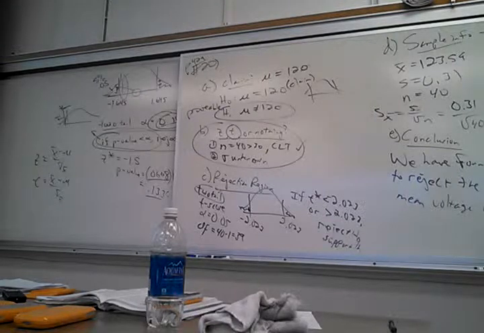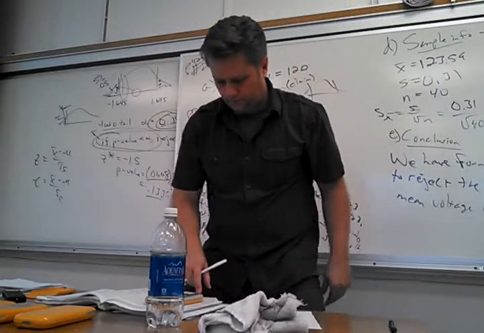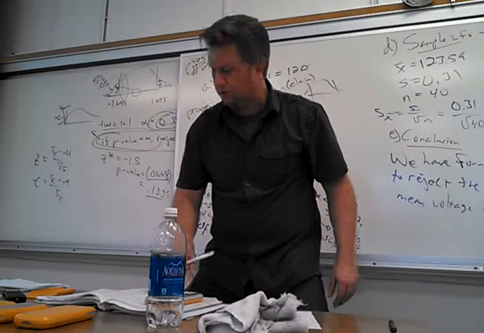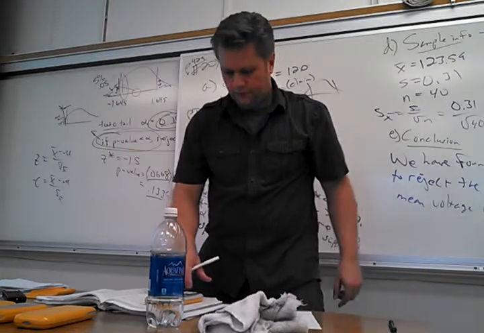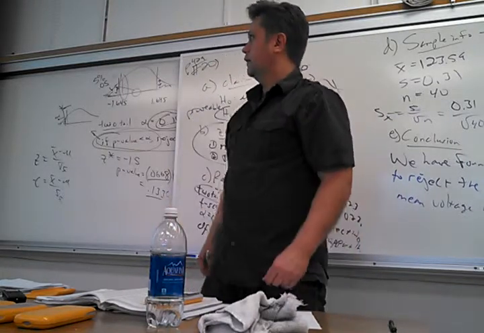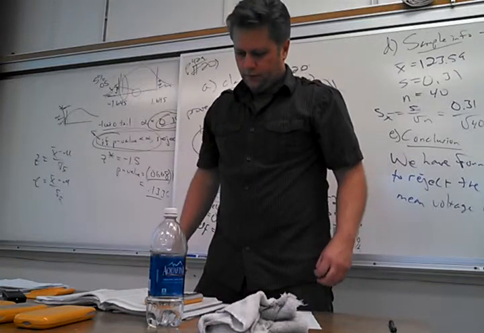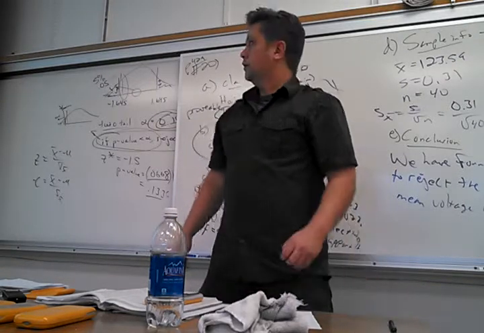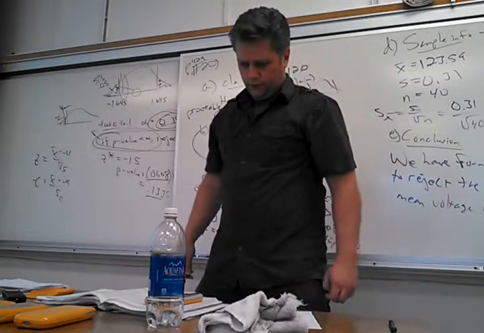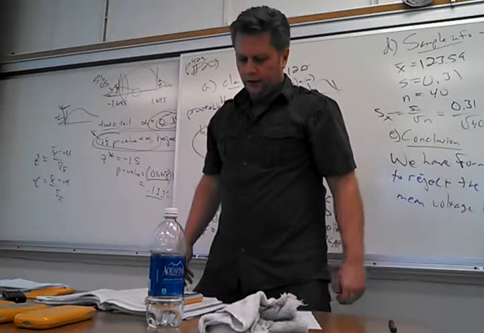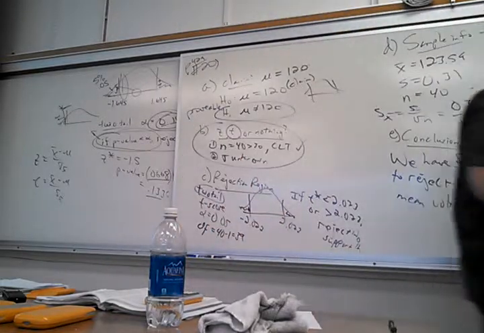So the first thing I have to do is change that standard deviation. Let me do this with you so there's no dissension out there. So what do you guys get for the new standard error? Yeah, 0.3488, so like 0.349.